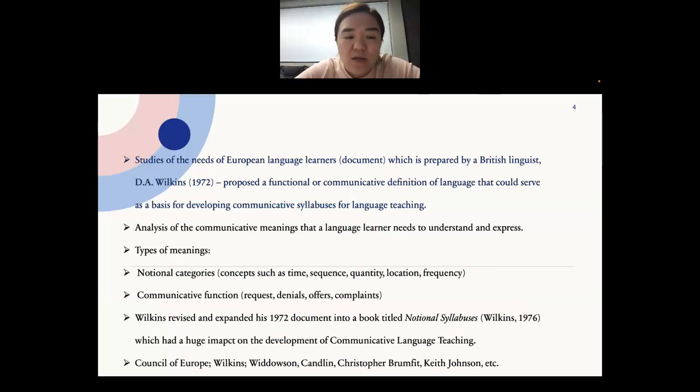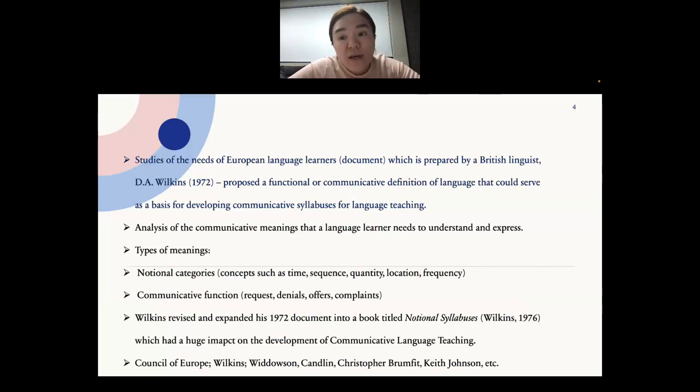and express. So it is related to function. For example, it can be greeting or requesting help. Then, types of meanings: here we have notional categories, concepts such as time, sequence, quantity, location, frequency. Then communicative functions, as I've mentioned before: requests, denials, offers, complaints.